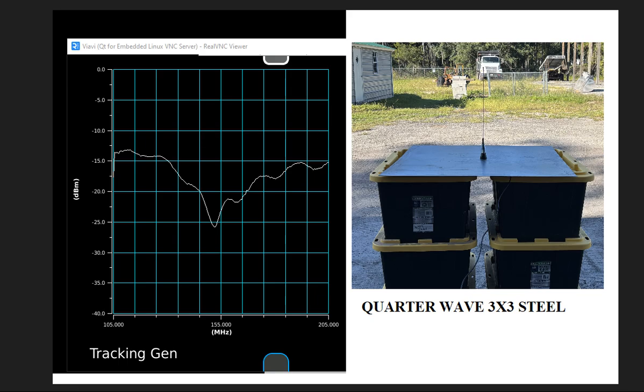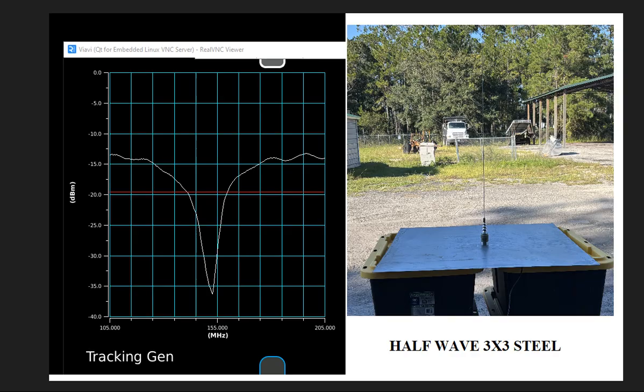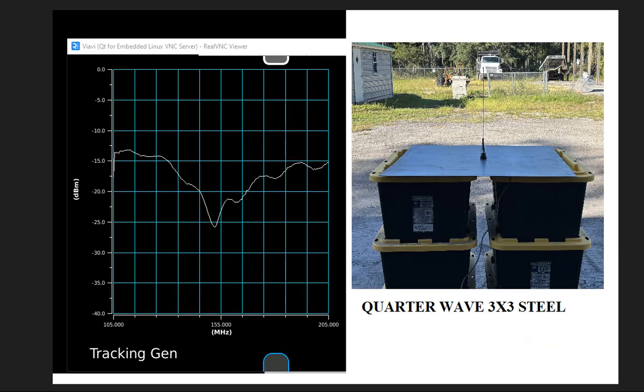So let's take a look at the next one, which is going to be the half wave on steel. And once again, just not quite as good as on aluminum, but very similar in its sweep. So those are going to be our reference points, the ones that were really good. So just keep that in mind.